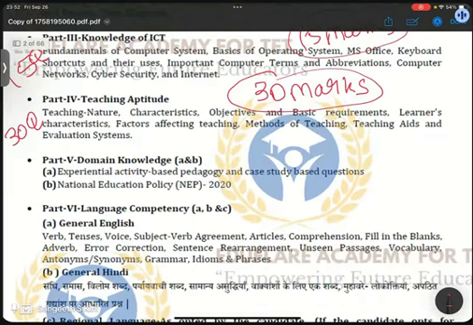Part 5, domain knowledge, we already discussed in the PGT syllabus: experiential activity based pedagogy and case study based questions, and National Education Policy 2020.